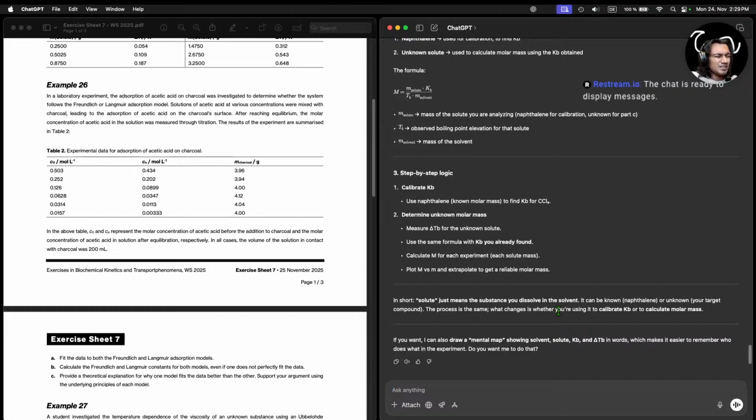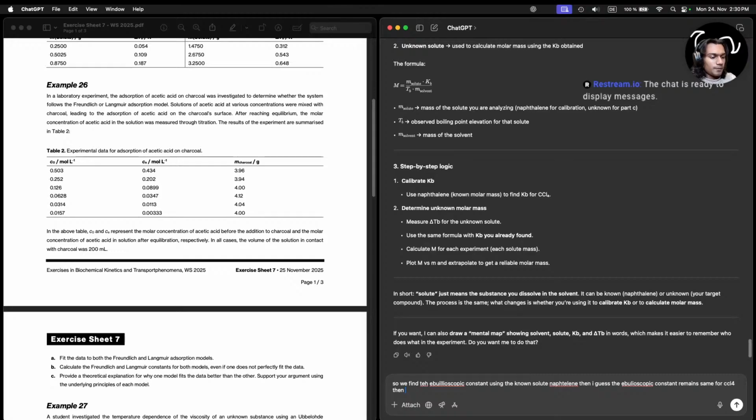Think. So we find the ebullioscopic constant using the known solute naphthalene. Then I guess the ebullioscopic constant remains the same for CCl4.